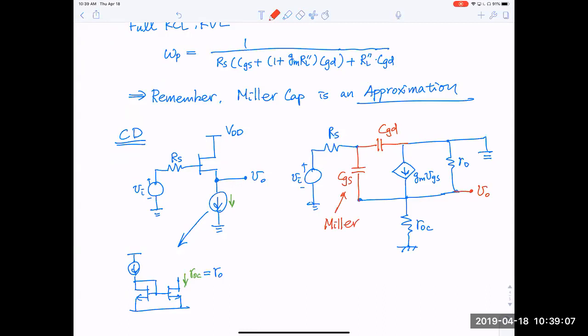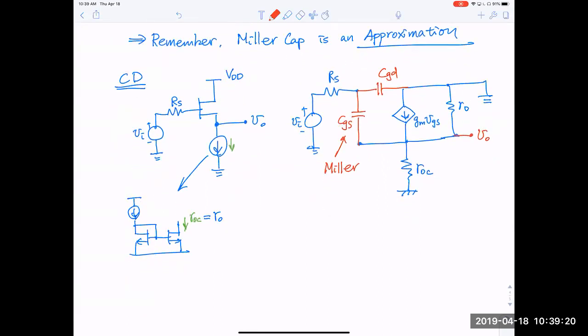Again, we can do full-scale analysis, but we just learned the Miller effect, so let's exercise what we just learned. Our C Miller is equal to (1 minus AV) times CGS. What is the voltage gain for a common drain amplifier?